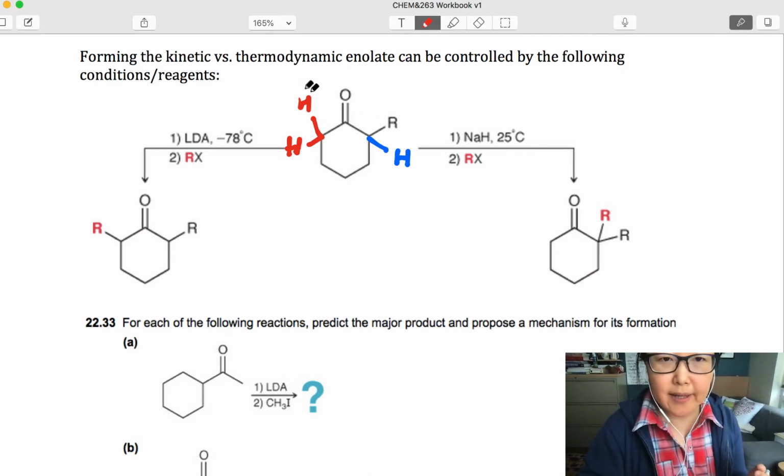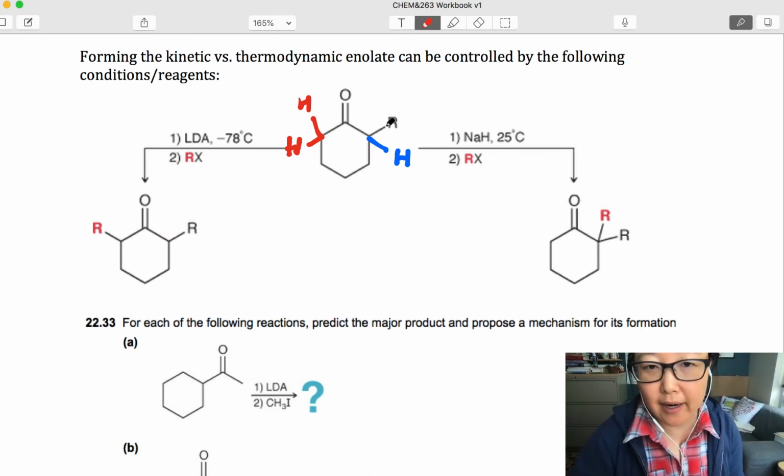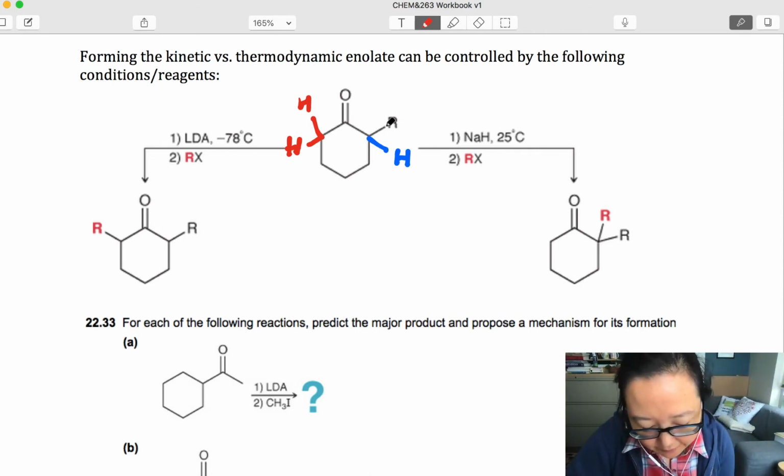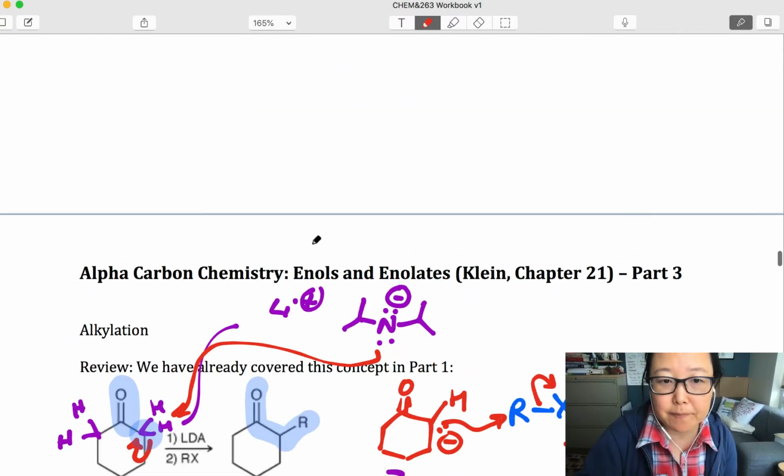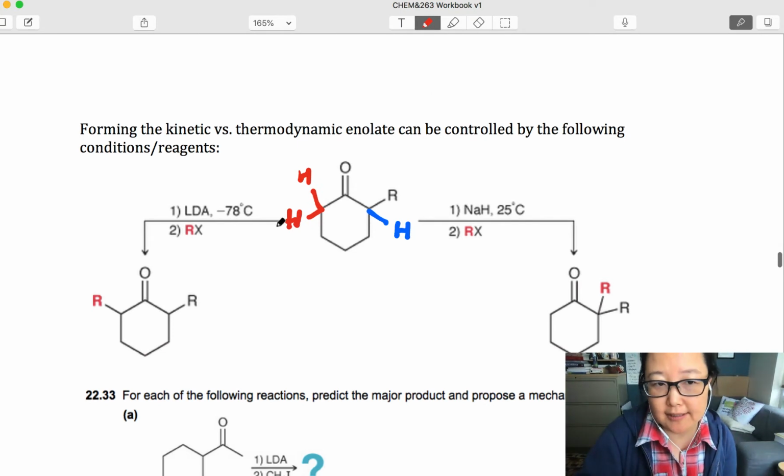So for example, let's say we want these to react, then we want something probably bulky like LDA. So LDA would prefer to go with the red hydrogens rather than the blue one because of the steric hindrance from the R group. LDA itself, remember, it's got the isopropyl groups here, so it's going to prefer less steric hindrance. So that's why we'll see a second alkylation occurring on this side.